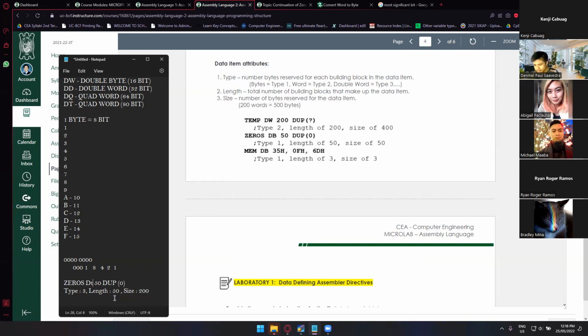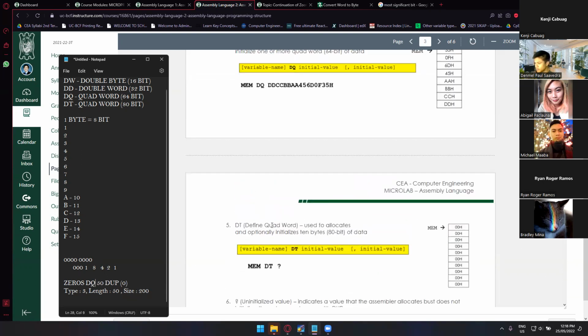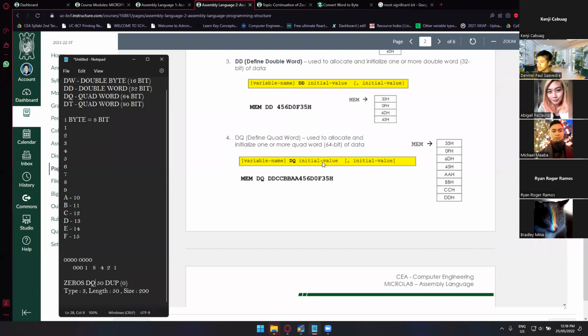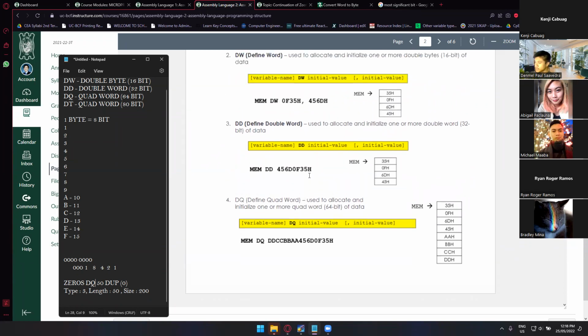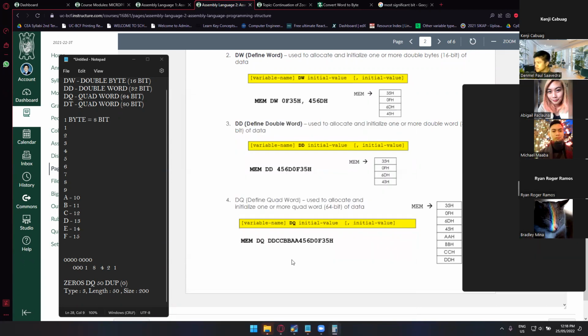Next, DQ, quad word. Quad word is equal to 64 bits. 64 divided by 16 is 4 for double word.